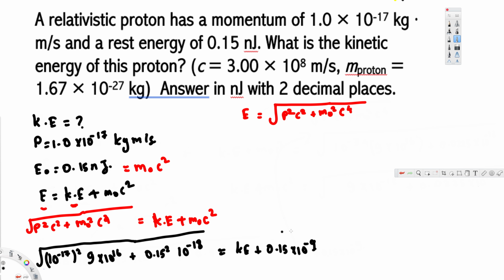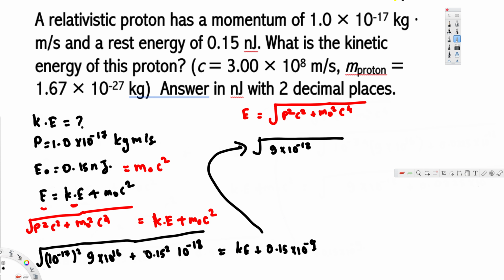Now let's bring this part here and simplify. Here we have 10 to the power of minus 17 square, that's going to be 10 to the power of minus 34. 10 to the power of minus 34 plus 16, that's going to give you 10 to the power of minus 18. So we can put 9 times 10 to the power of minus 18.